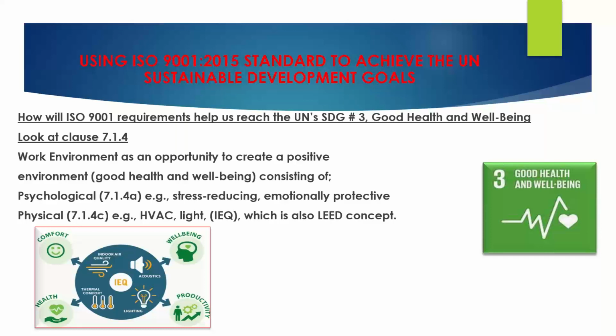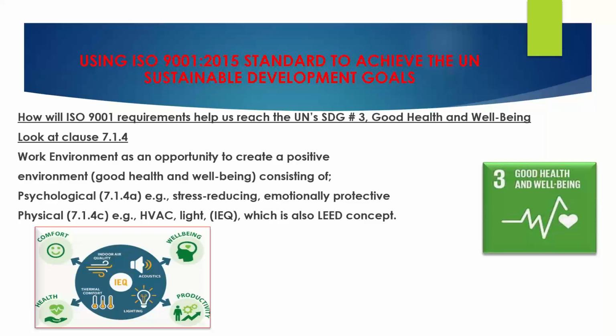But now the question is, what is the relationship between this clause and goal number 3, good health and well-being? Let me give some highlights about how we can relate them.